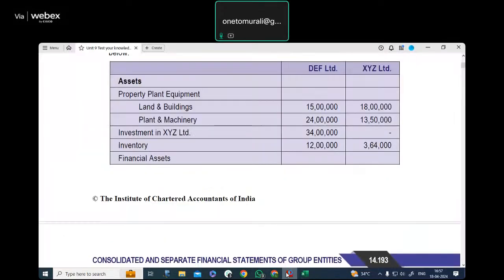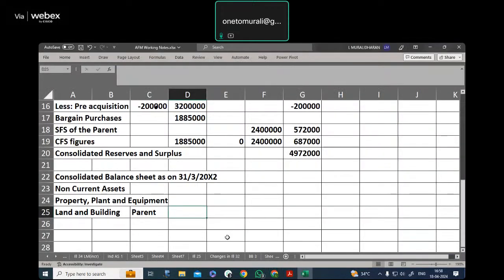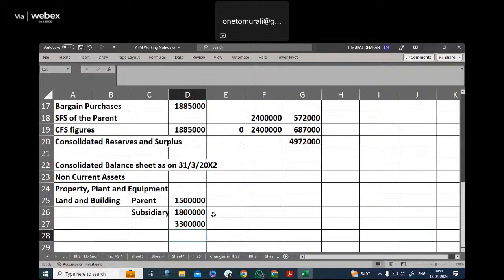Parent figure 15 and 18. 15 lakhs, 18 lakhs. Then comes fair value change.